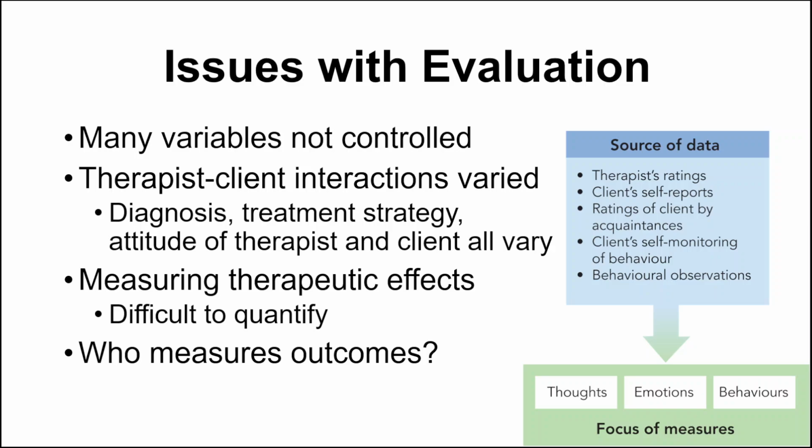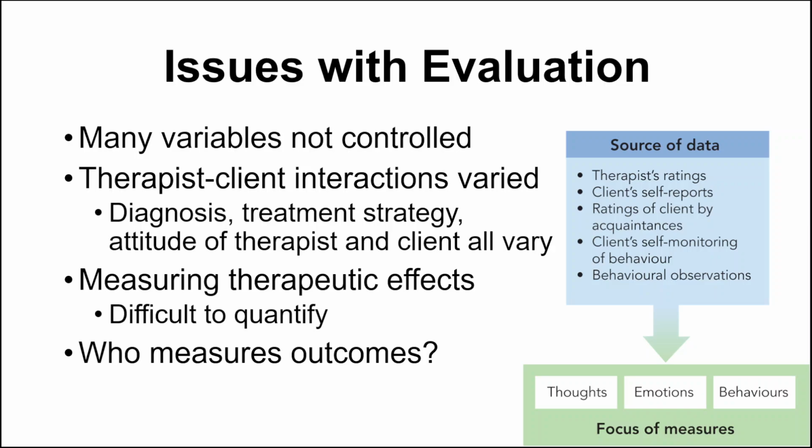So things like looking at diagnosis and treatment strategy, as well as the attitudes of both the therapist and the client, all of these things vary on a case-by-case basis. So even if we were controlling for, say, only looking at individuals with depression, so we have the same diagnosis, are all of the therapist and client combinations that we're looking at, are all the therapists using the same strategy?